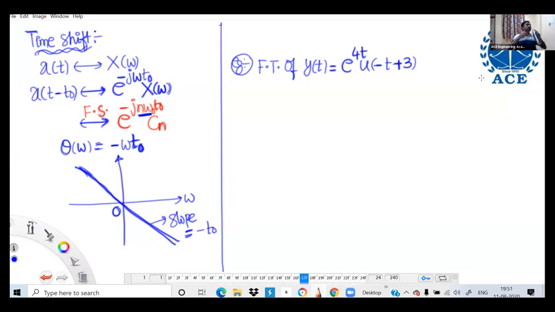Have a thought. e^{at}u(-t) is the known signal. Decide whether it is left shift or right shift.